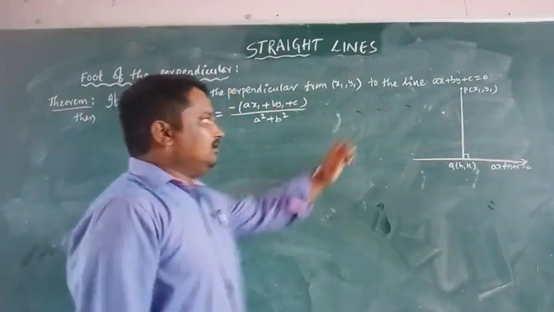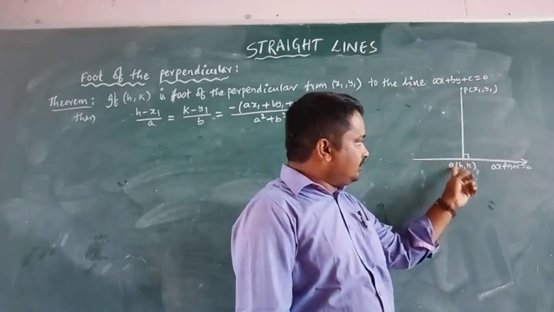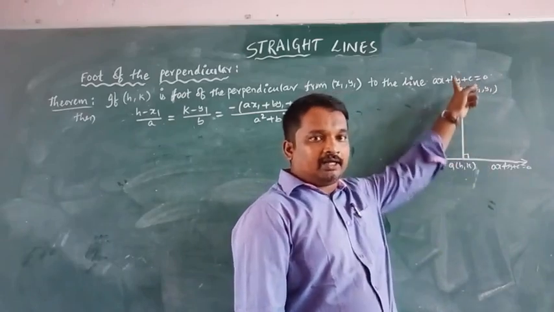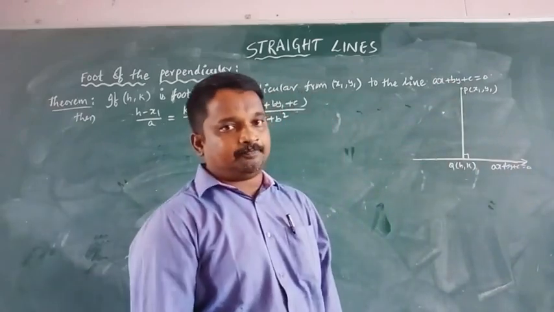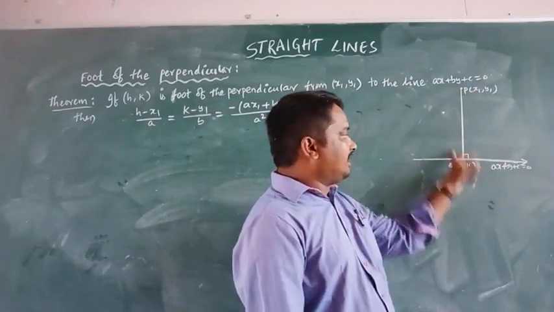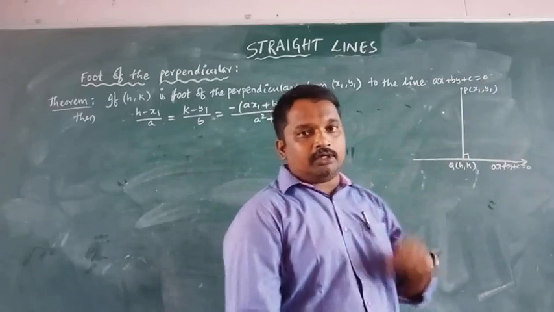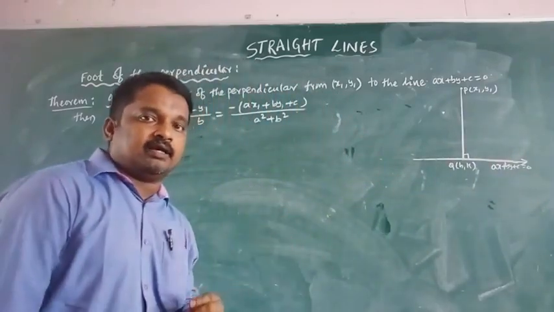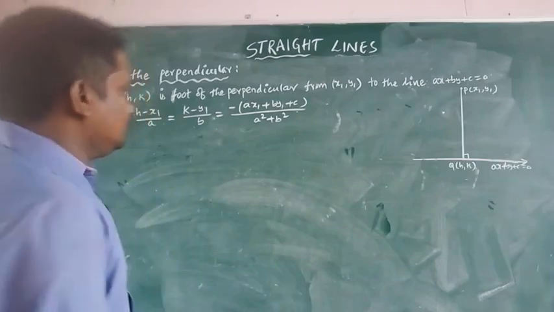Further, to get here, I am taking P(x1, y1), and Q is (h, k), the foot of the perpendicular from P on ax + by + c = 0. Observe these two lines, PQ and the line L, are perpendicular to each other. We know that if two lines are perpendicular, the product of their slopes is -1.